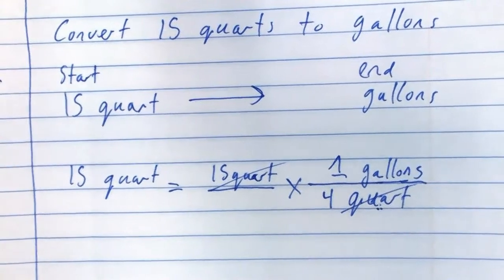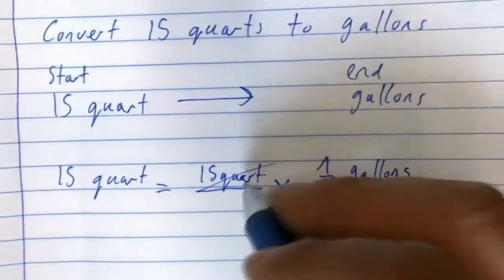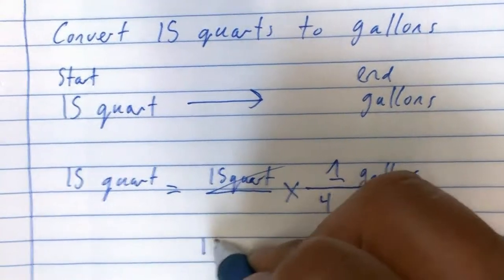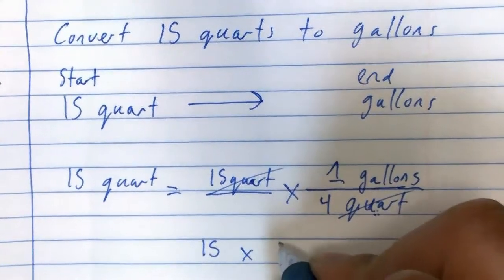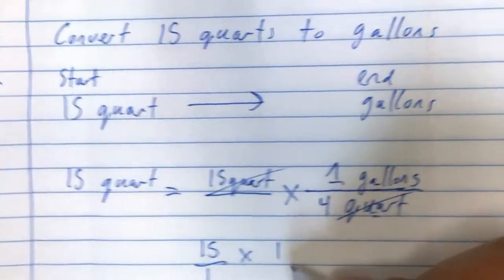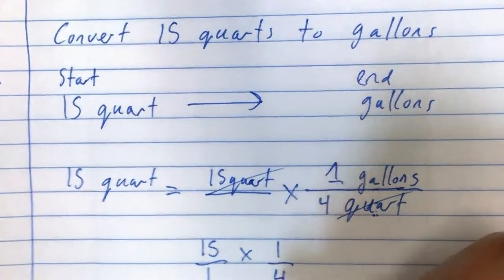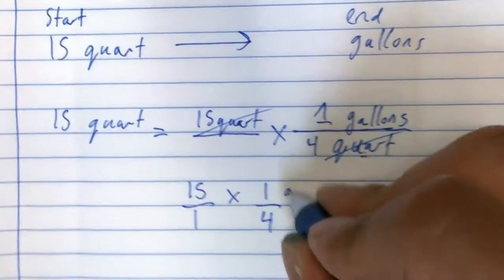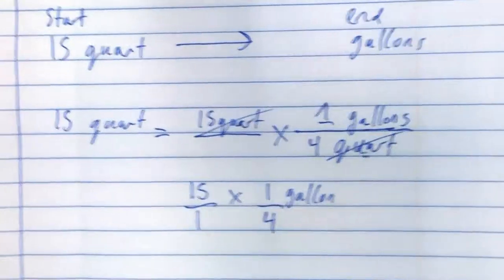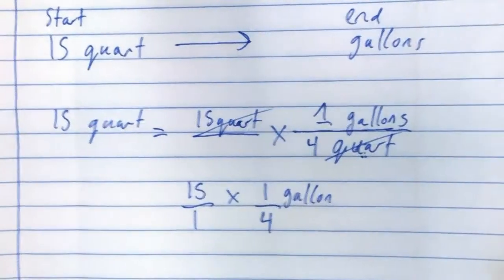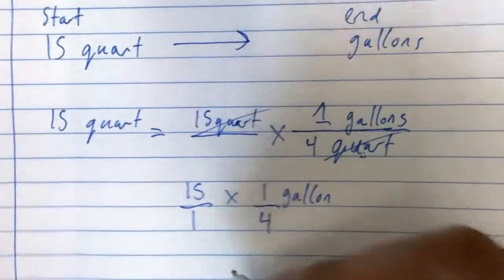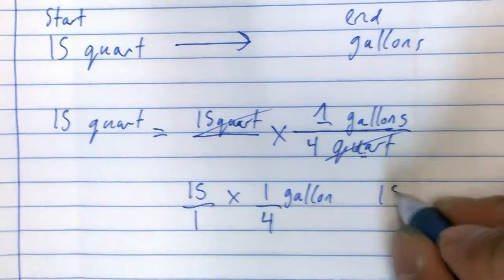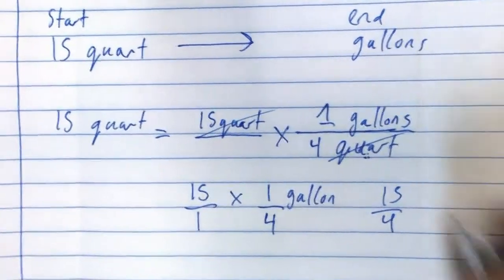All right, now here's the deal. You're going to multiply across. You have 15 times 1. Again, there's my 1 under it, just to keep it nice and honest. And don't forget the gallon. Now, why didn't I write the quart? Remember, they canceled out. Gone. All right. 15 times 1 is 15 over 4.